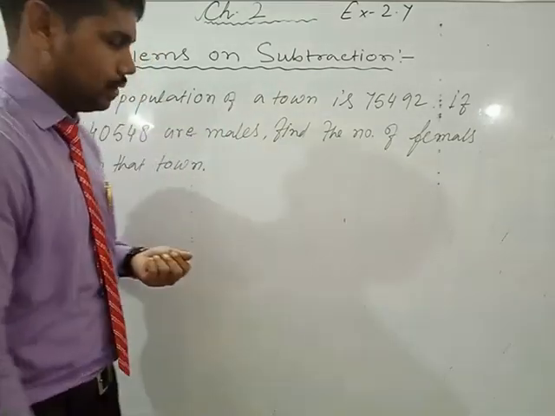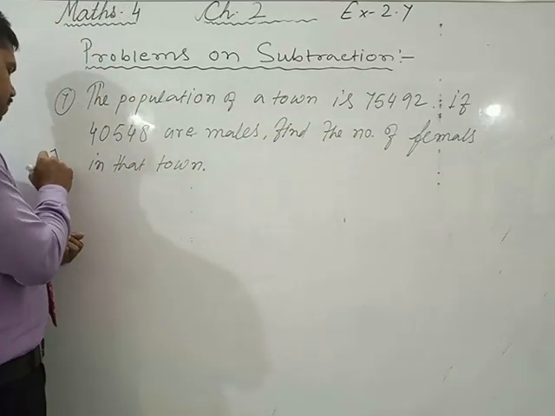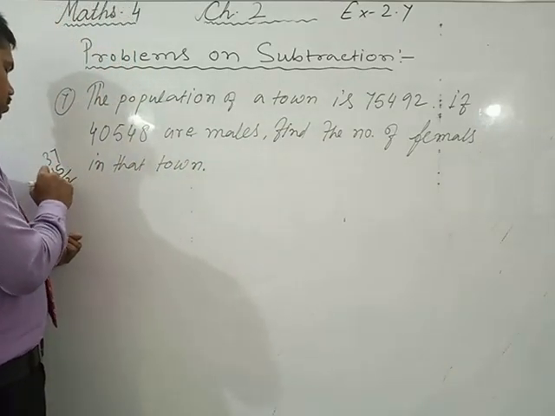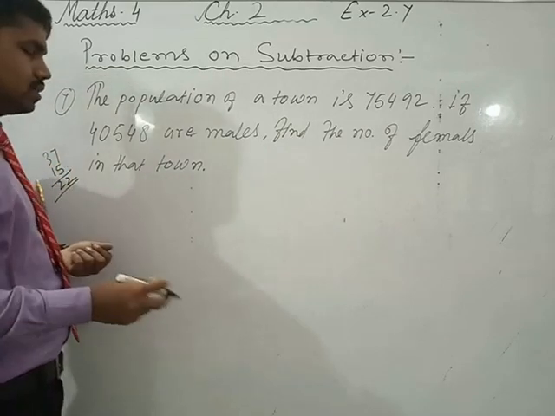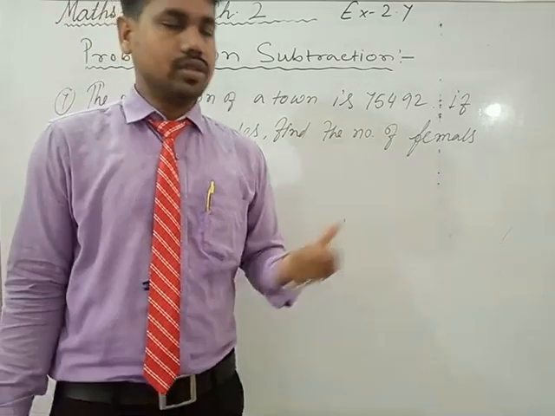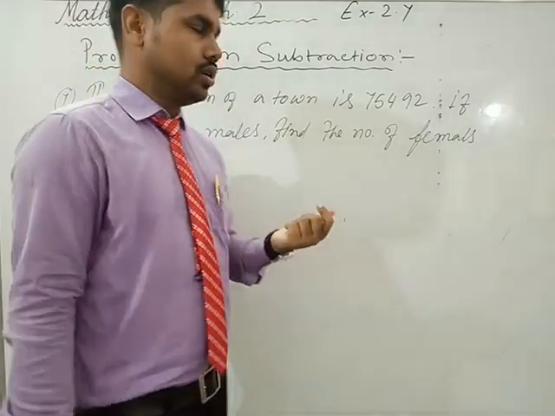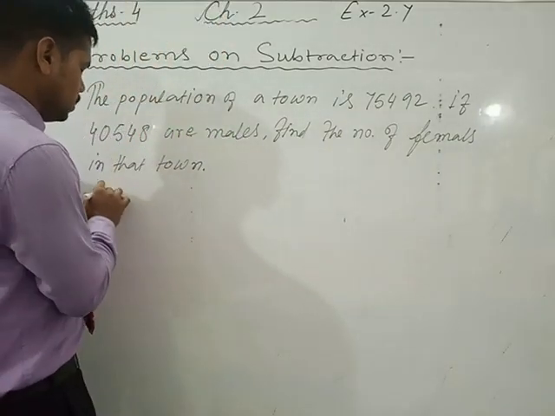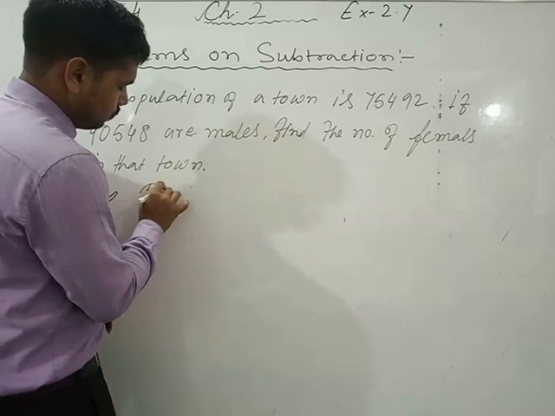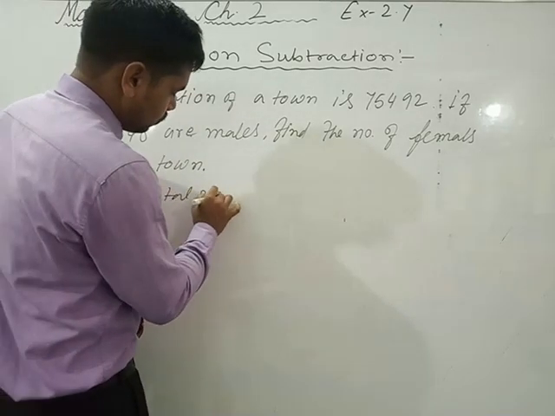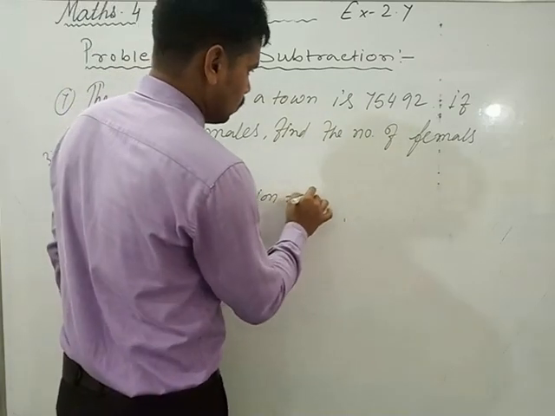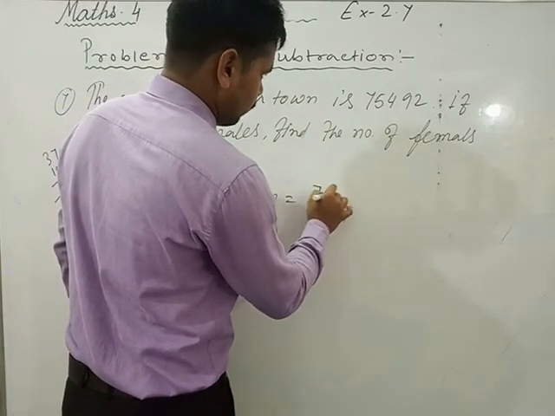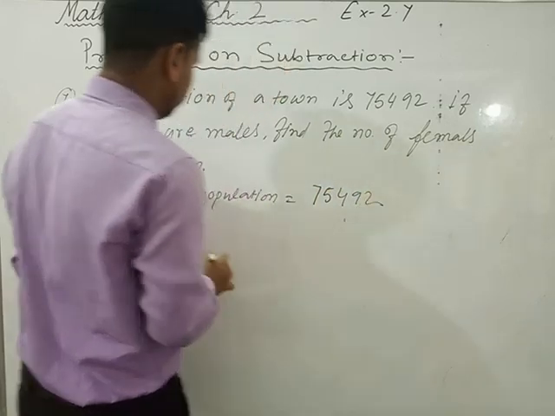By subtracting. So how much will it be? 37 minus 15 is 22. That means the rest of the students is 22. So this is how we can do this one also. Let's do it: total population is equal to 75492.